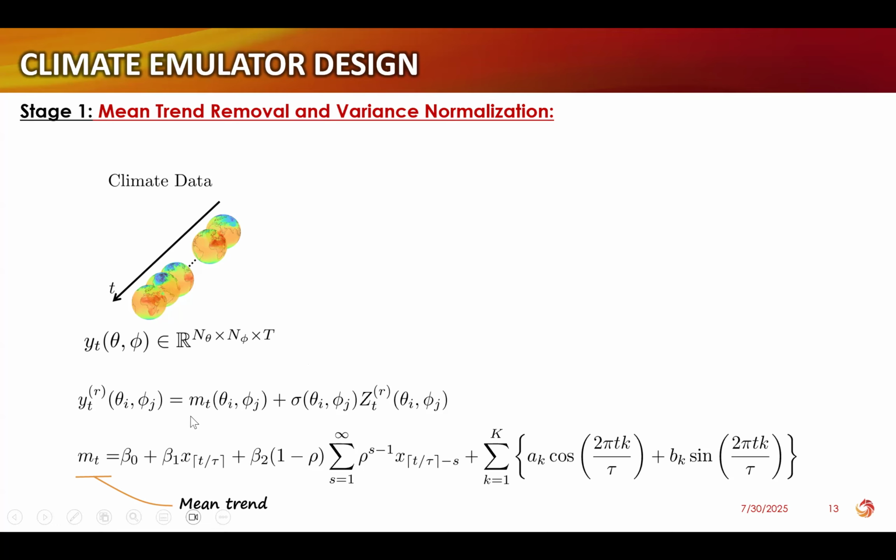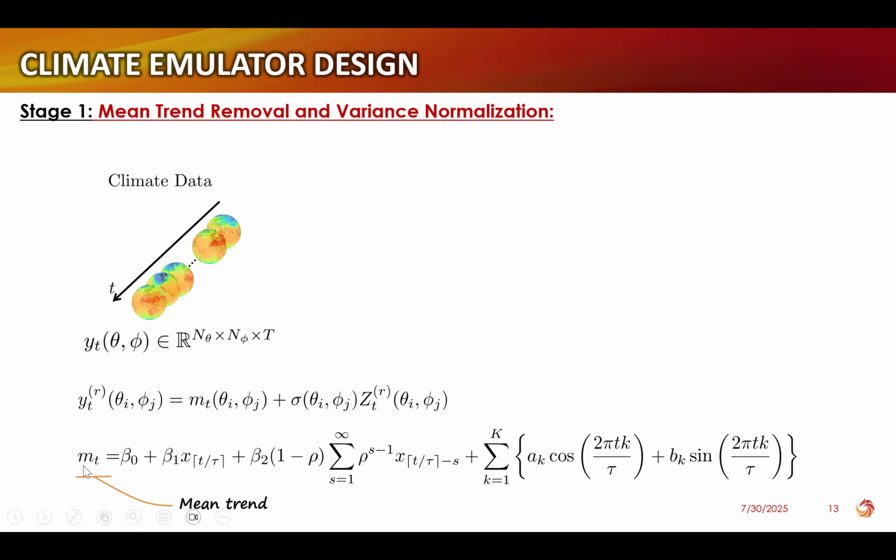In the first step, we estimate or model this mean trend MT. MT is defined by some DC component beta 0, then a lag component beta 1, and then we also have periodic components. So learning the mean trend corresponds to learning the parameters beta 0, beta 1, beta 2, these AKs and BKs, and this sigma. We learn the mean trend simply using regression, and you will be given the code for this as part of the first task.